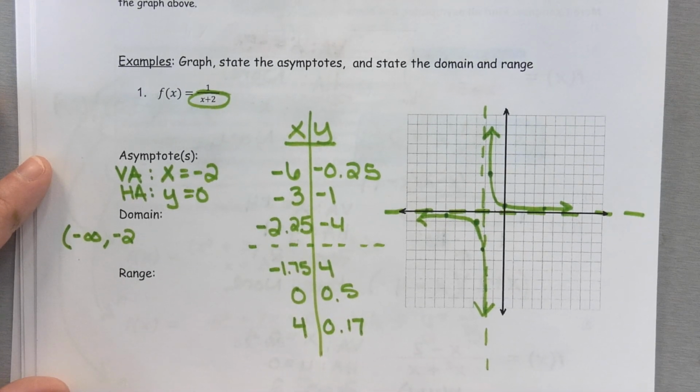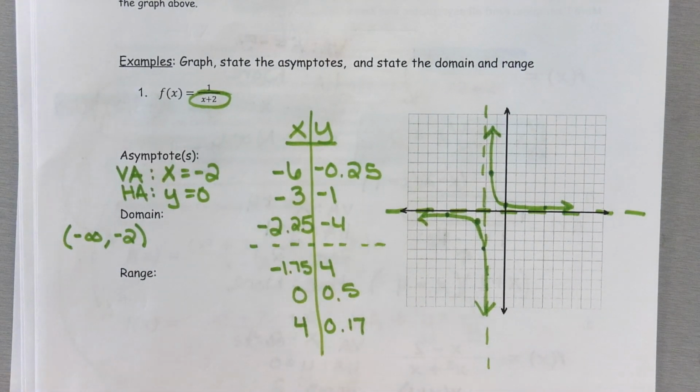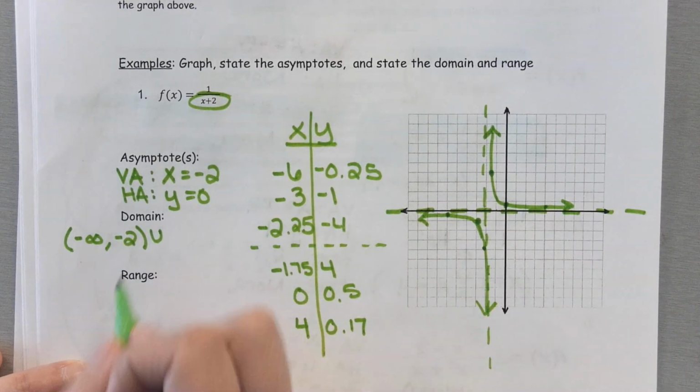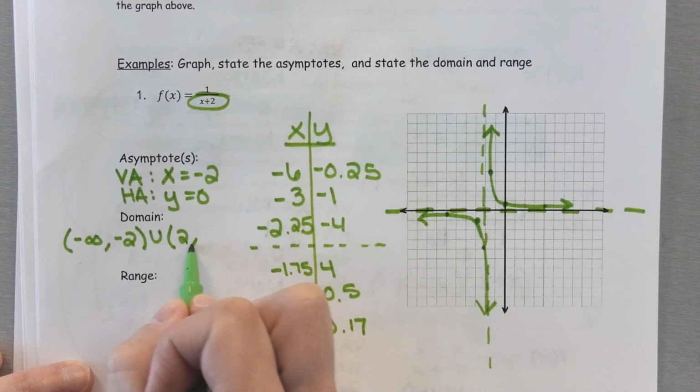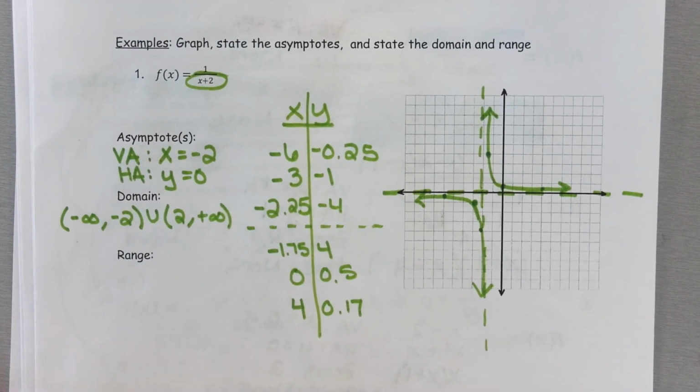Do I actually have any graph at negative 2? No. Remember, in our interval notation, that means a parenthesis. In union with, do you see how it picks back up on the other side of negative 2? So in union with negative 2 to positive infinity.